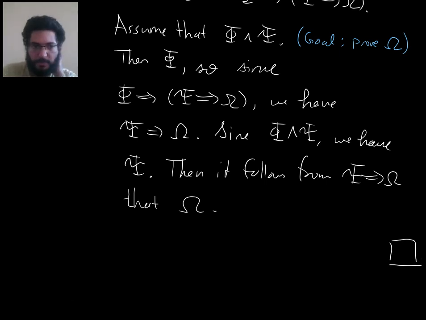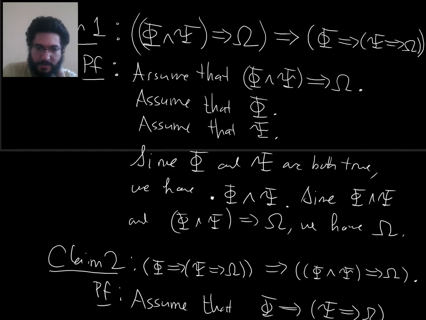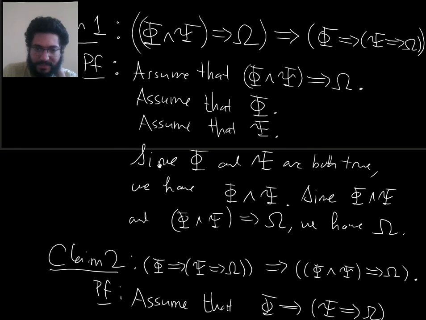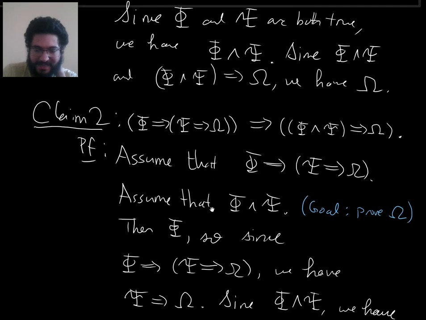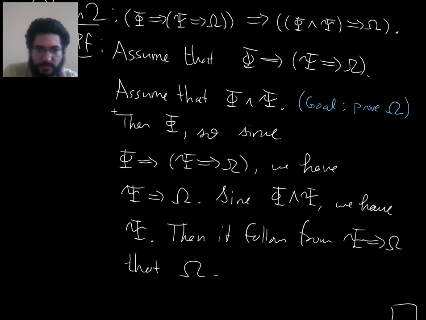So I want to make a couple of comments. I already made a comment in claim 1 about how we normally wouldn't make this super fine detailed step. There's another fine detailed step here in claim 2. So here I said assume that phi and psi, right? Now, technically that's different from saying assume that phi and assume that psi.